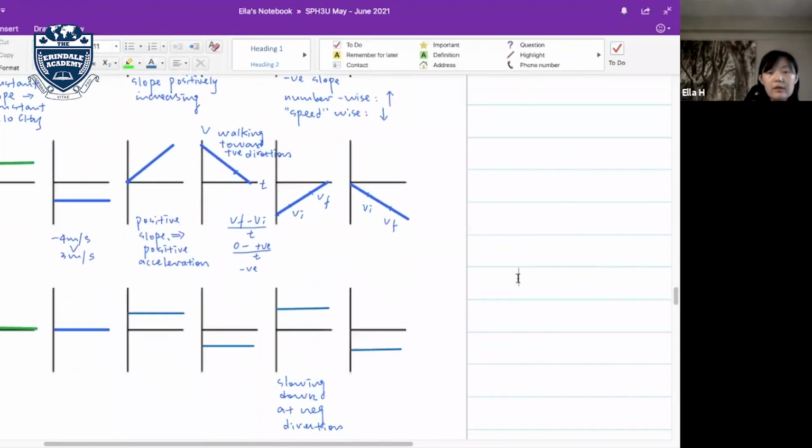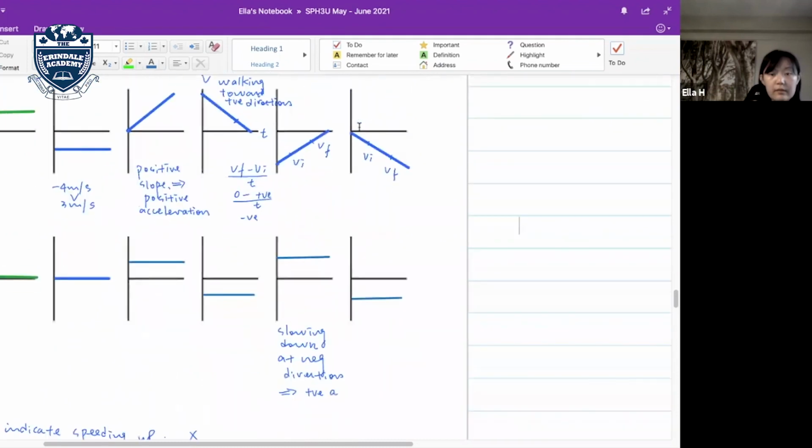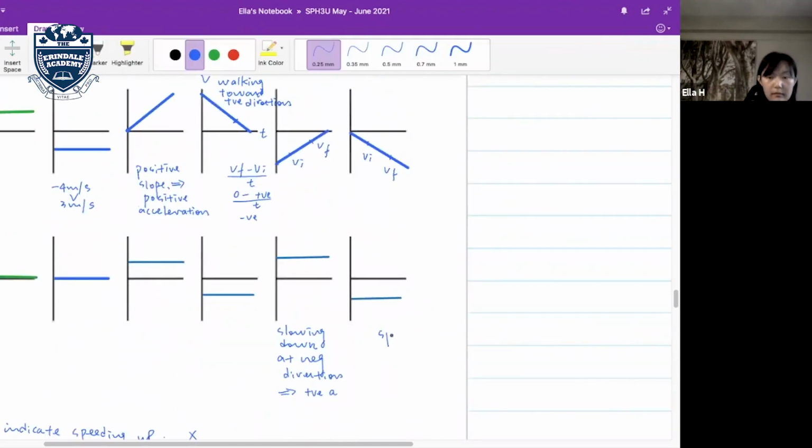So this is the case where we are walking backward, speeding up. So let me just write down here: speed up in negative direction, have a negative acceleration. And then that's it. So that's the whole story.